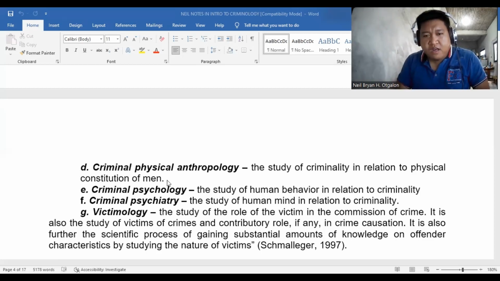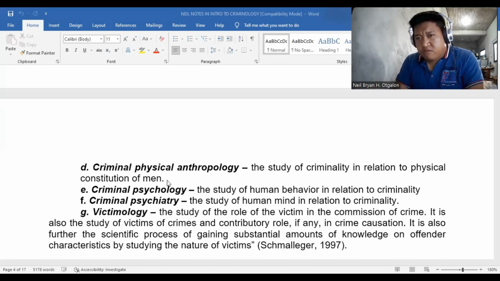Then criminal psychology, of course, this is in relation to behavior, no? So it's a matter of behavior. Ang psychology is medyo mababa pa yan if we are talking of behavior. Pero pag utak na yung affected, talagang you do not know now what is right and wrong.